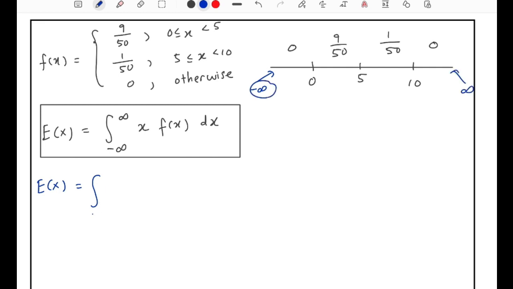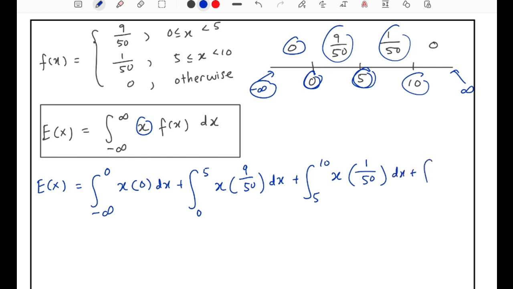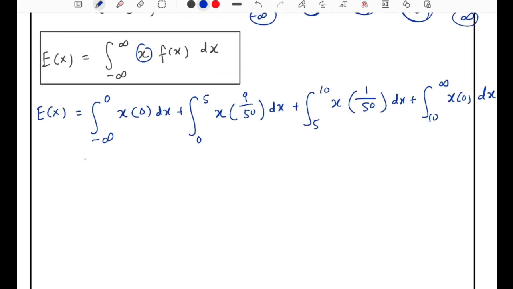So integrate from negative infinity until 0, x multiplied with the function, and then integrate 0 until 5, x multiplied with the function, then 5 to 10, x multiplied with the function, and the last one, 10 until infinity, x multiplied with the function, and find the value.